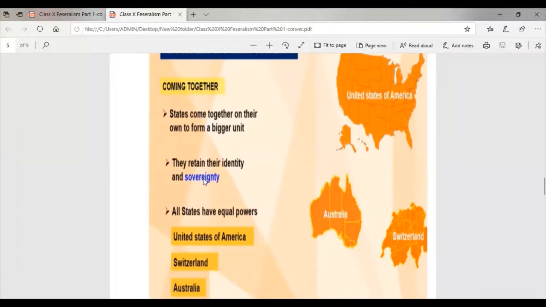One country that follows coming together federalism is the United States, and other countries that follow it are Switzerland and Australia. As I said, the USA has 50 states, Switzerland has 26 states, and Australia has 6 states.